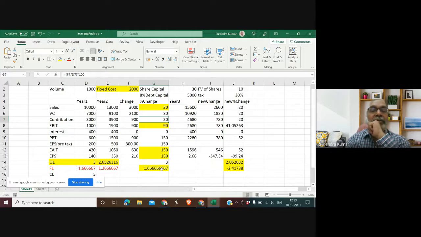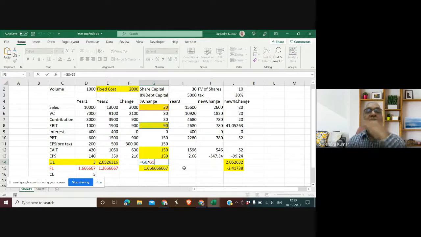And when you look at this calculation again, here I am saying percentage change in profit due to percentage change in sales. I am again calculating the operating leverage at year one, right?